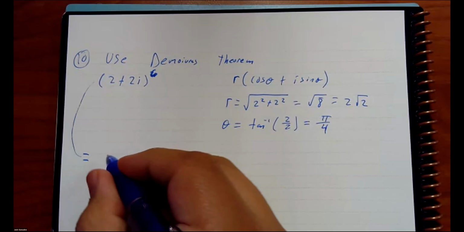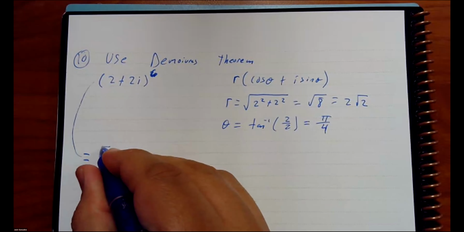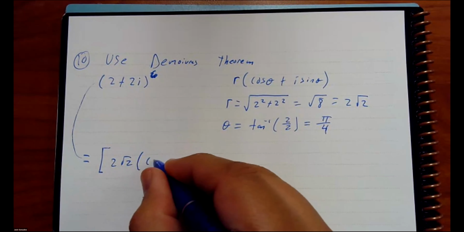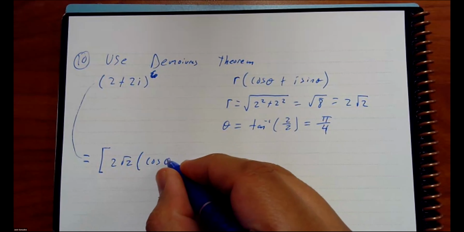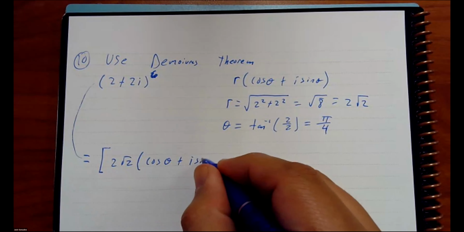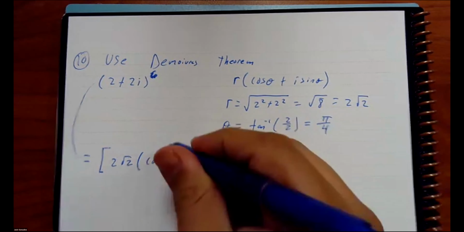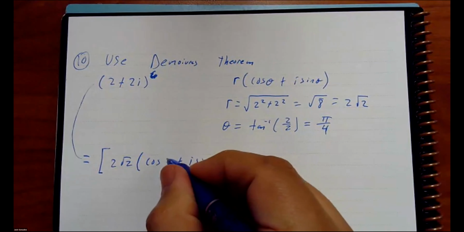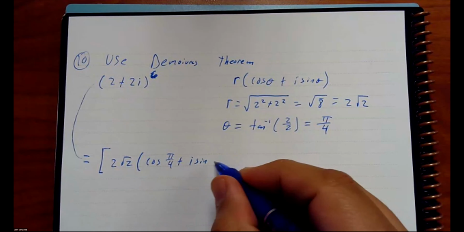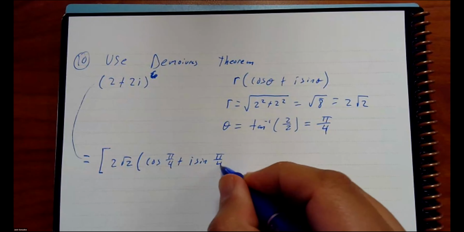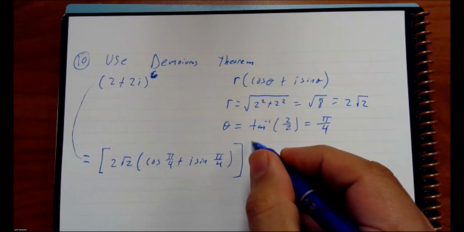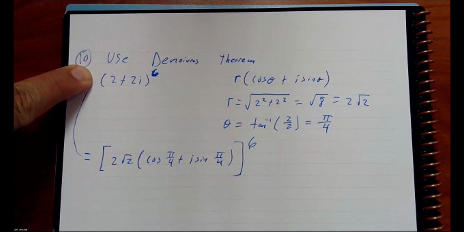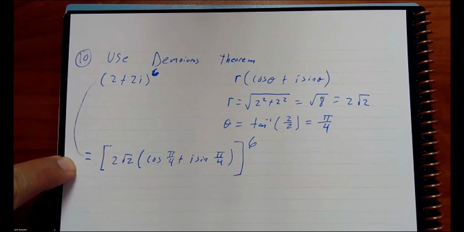This will become 2 root 2 times cosine theta plus i sine pi over 4, to the 6. So doing this to the 6 would be annoying, but doing this to the 6 is not a big deal.